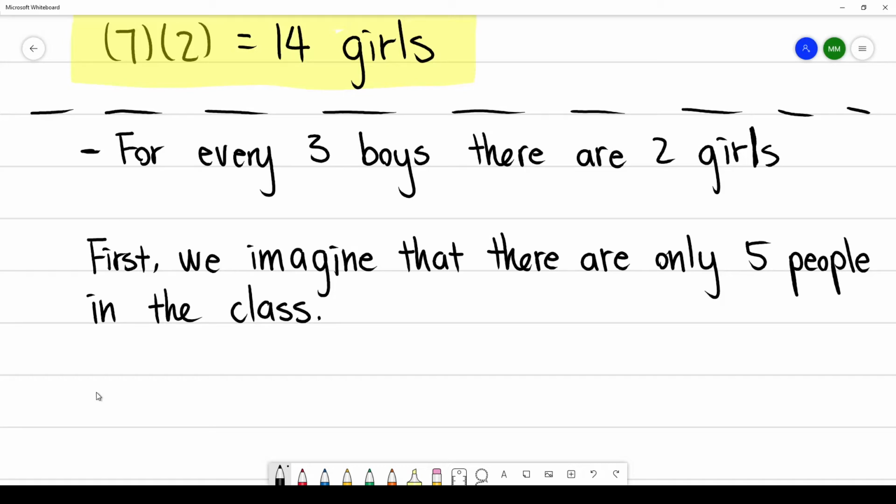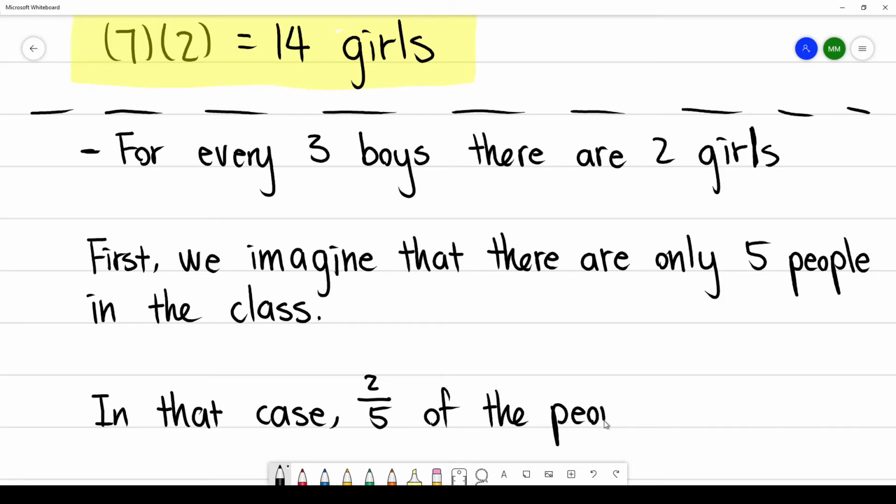So in that case, 2 out of the 5 people are girls, right? If there are 5 people, then 2 of them are girls.